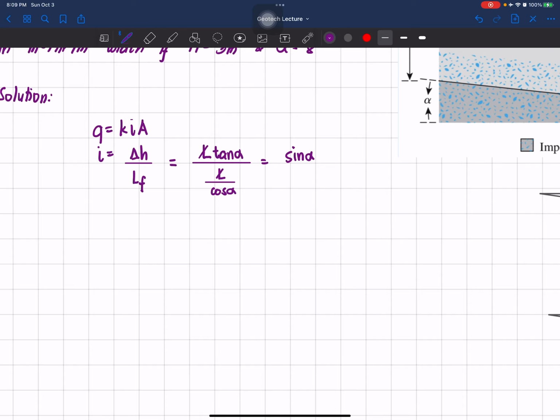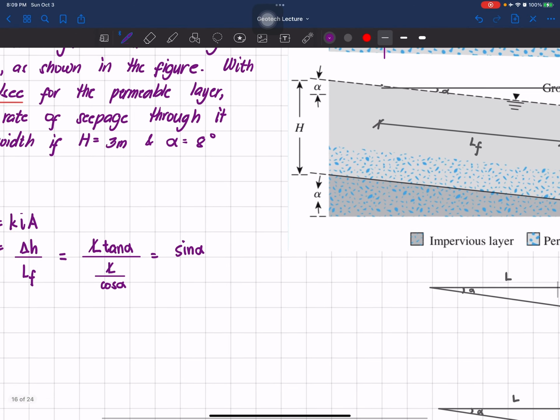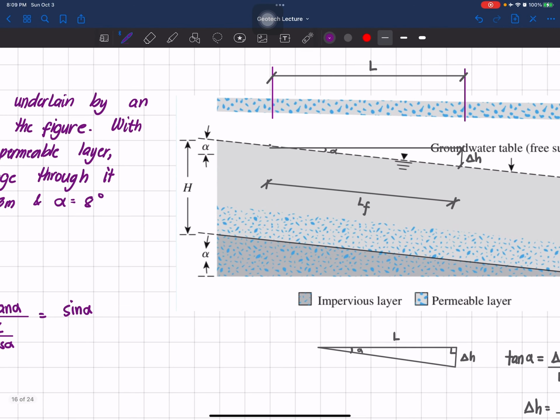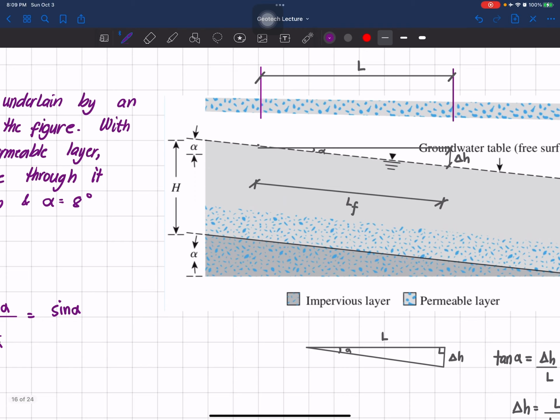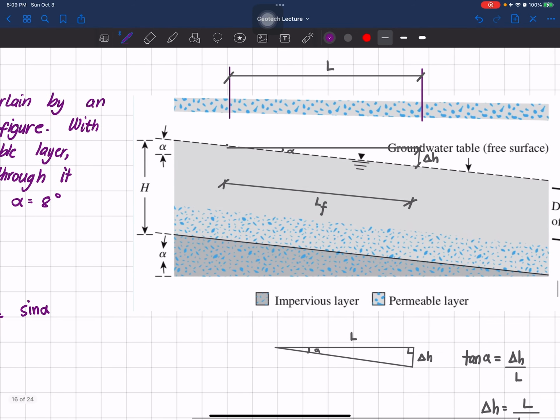Okay? Next, computin natin yung area. How are we going to get the area? We all know that the area should be the area of the soil perpendicular to the direction of the flow. So, pwede ko siyang isulat dito, guys.